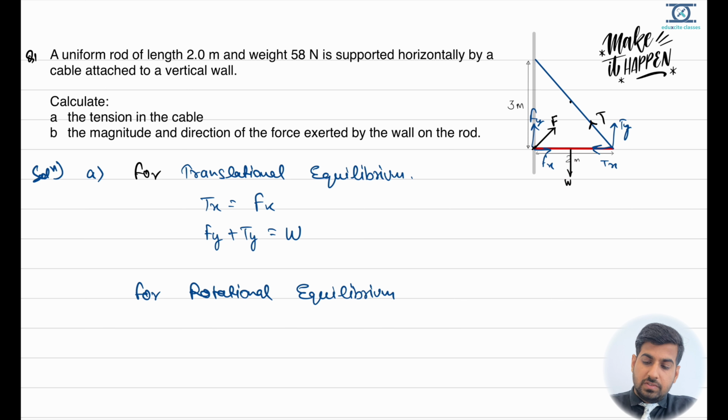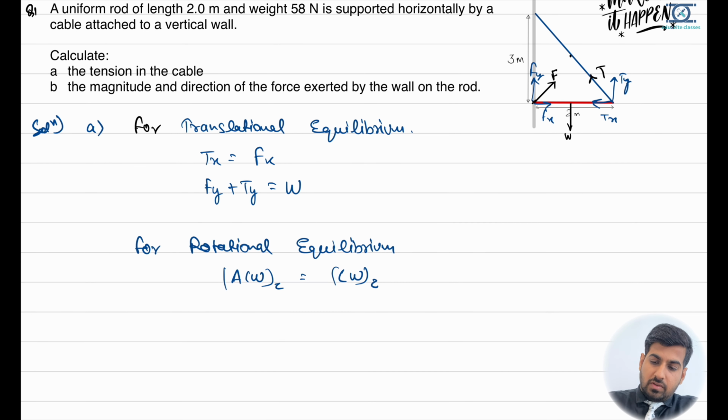Now this force will not act because this is the pivot point, and forces acting directly towards the pivot, the horizontal forces, will not play any role in the rotational part. It has to be at a certain angle or perpendicular to the line of action of the rotation, right. So I can say the anti-clockwise torque will be equal to the clockwise torque.